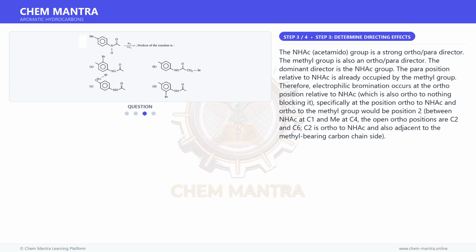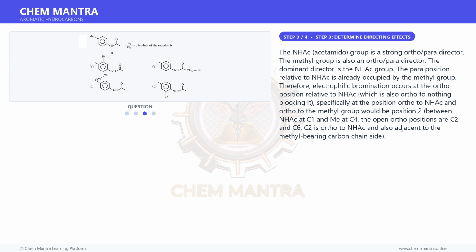Therefore, electrophilic bromination occurs at the ortho position relative to NHAc, specifically at the position ortho to NHAc, which would be position 2, with NHAc at C1 and Me at C4. The open ortho positions are C2 and C6.